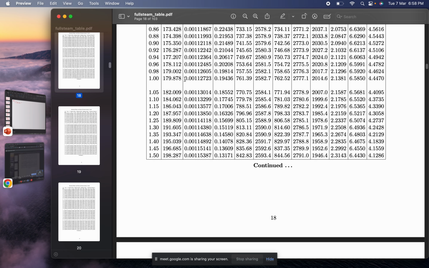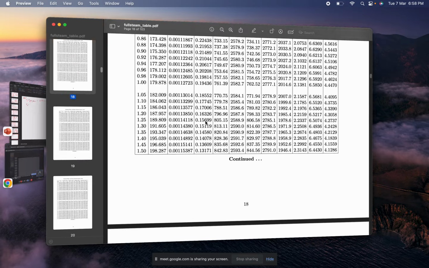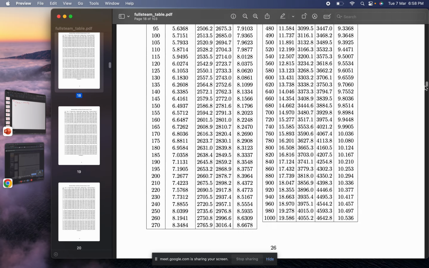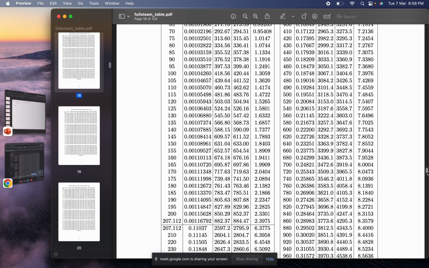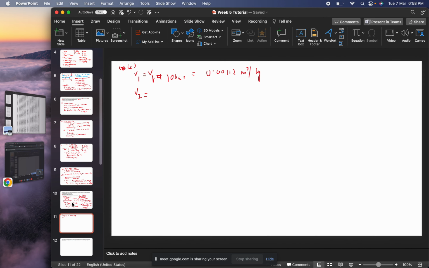This is my VF, 0.00112 meter cube per kg. And what is my V2? This is in the superheated part, so that will be at 1 megapascal and 300 degrees Celsius.